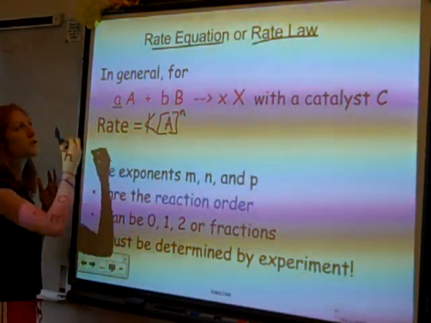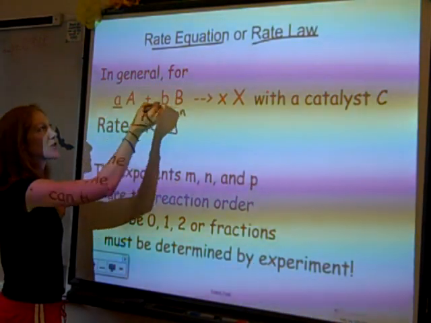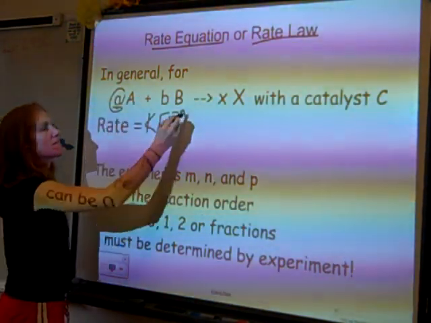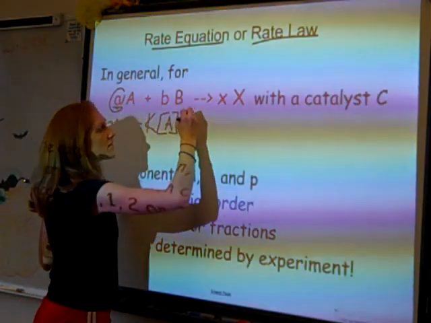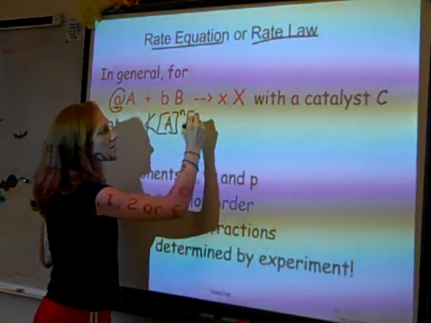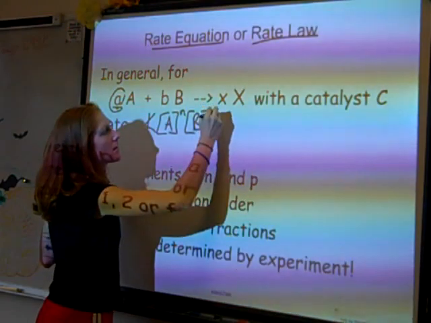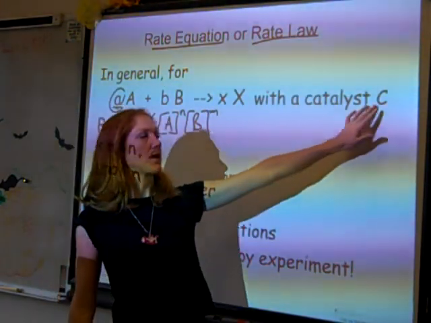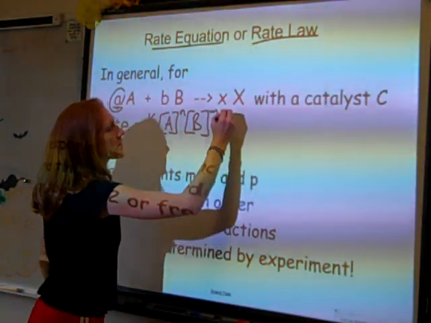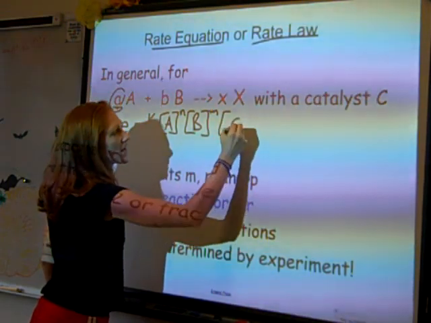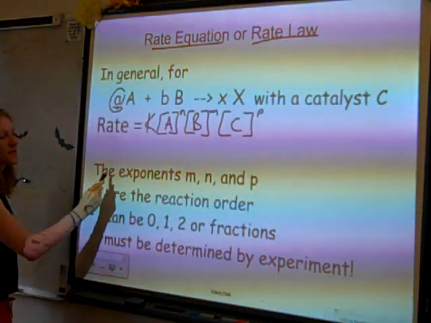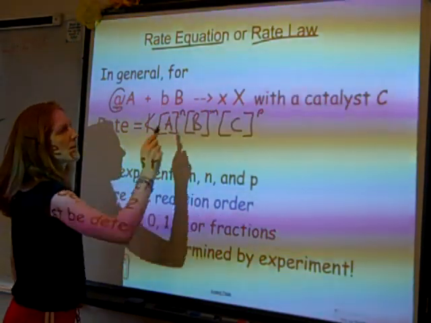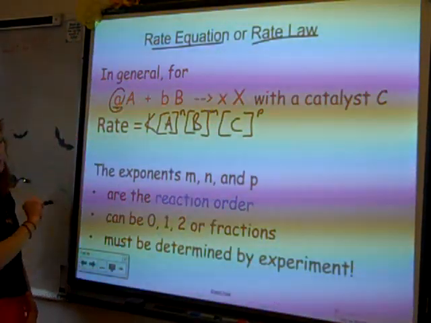For example, if I have 2 moles of hydrogen plus 1 mole of oxygen, this 2 has nothing to do with whatever number goes up here. Okay, so I've got that times the concentration of B raised to some power. And I'm saying that my catalyst is involved too, so we'll say times the concentration of my catalyst raised to some power. These exponents, the n, m, and p, are called reaction orders.